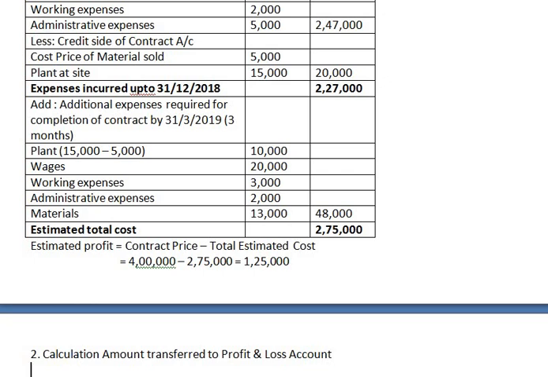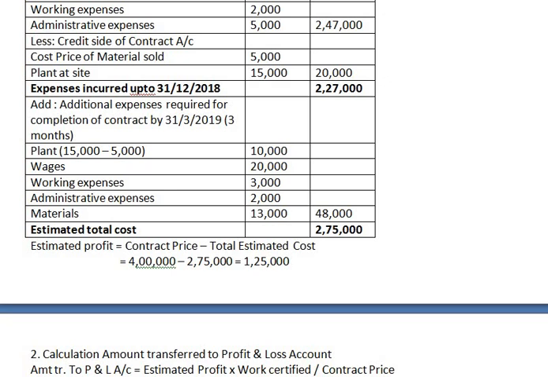So here amount transferred to P&L account is equal to estimated profit into work certified divided by contract price.